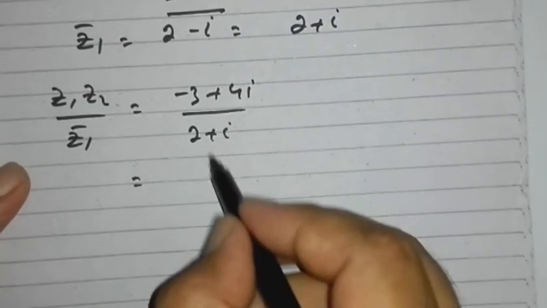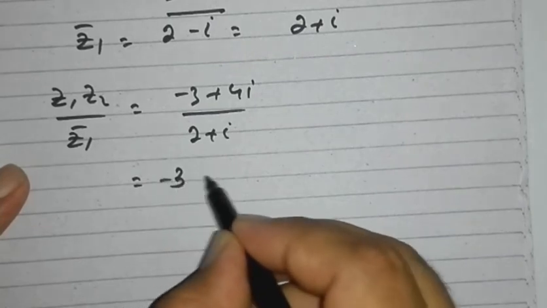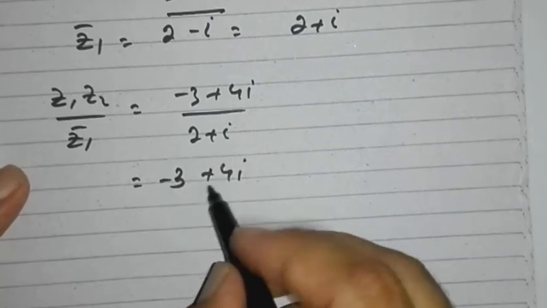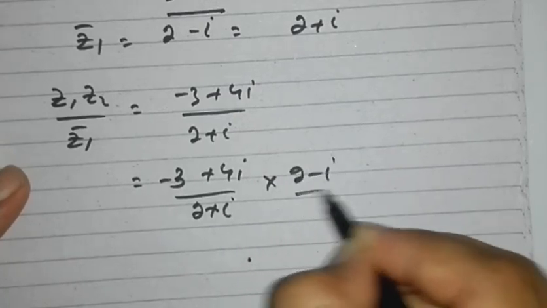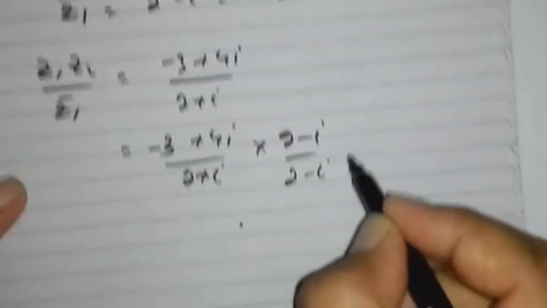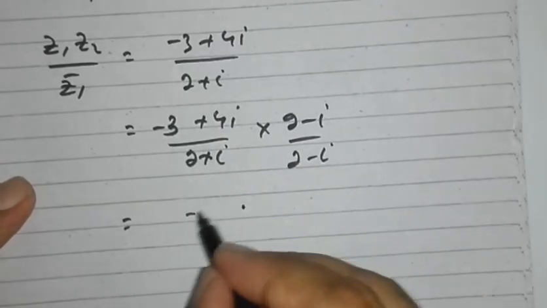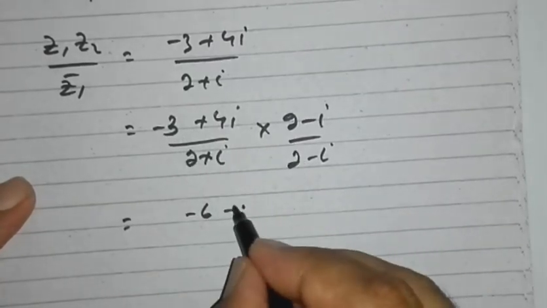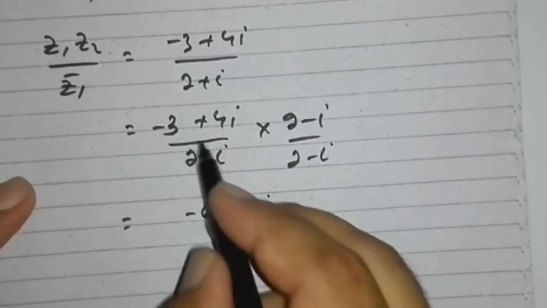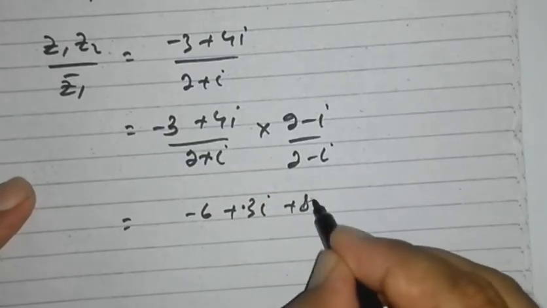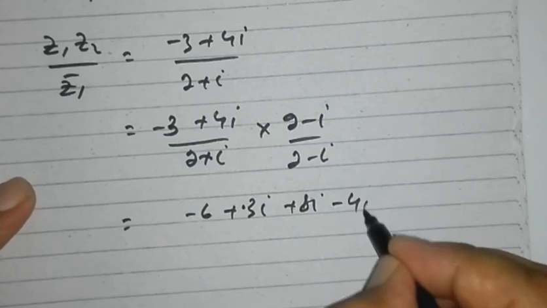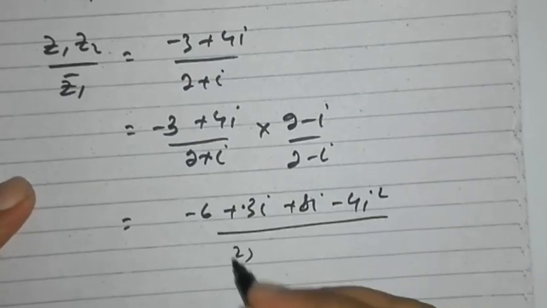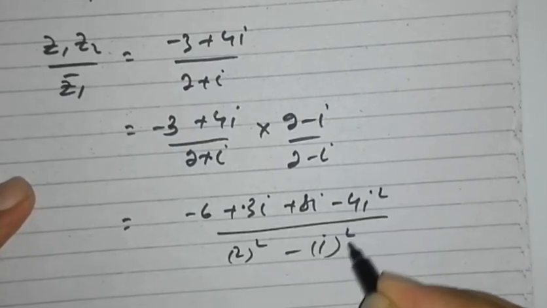Divide and multiply by the conjugate of 2 plus iota, which is 2 minus iota, 2 minus iota. Here 3 2s are minus 6, minus into minus plus 3 iota, and 4 2s are 8 iota minus 4 iota square divided by 2 square minus iota square.